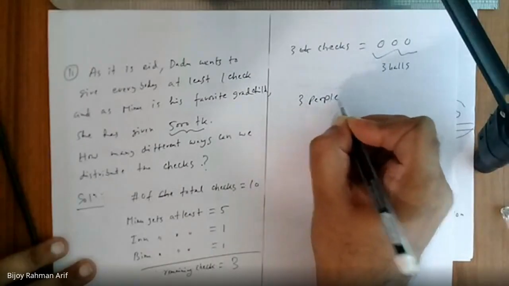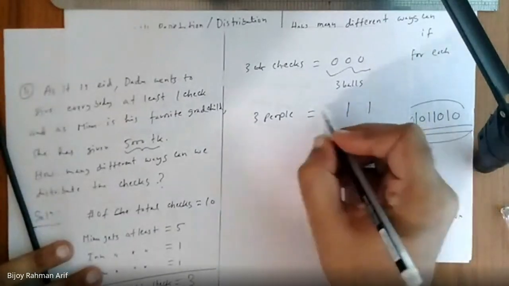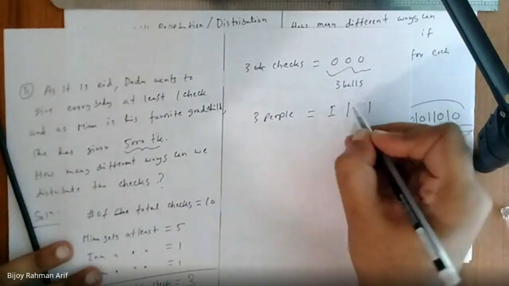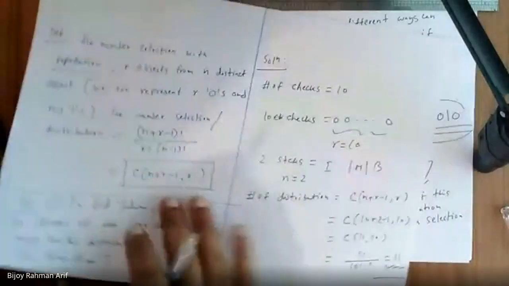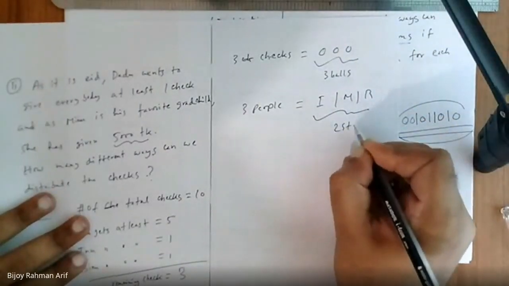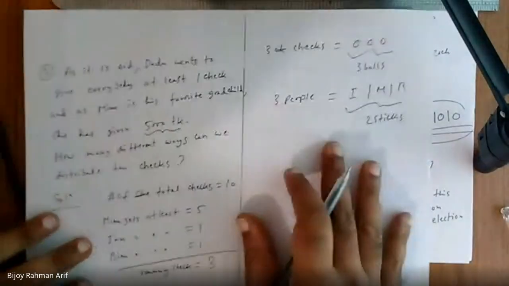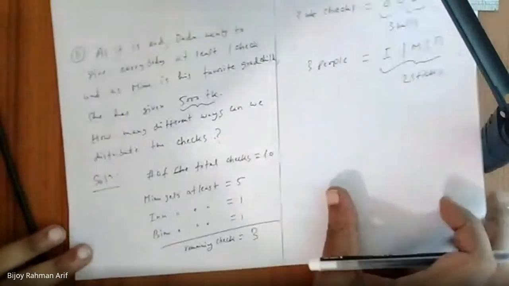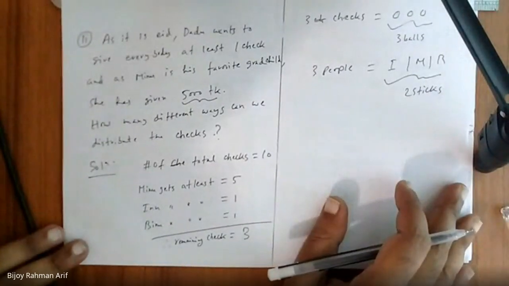So 3 people means 2 sticks. তাহলে 2 sticks. What would be the answer?